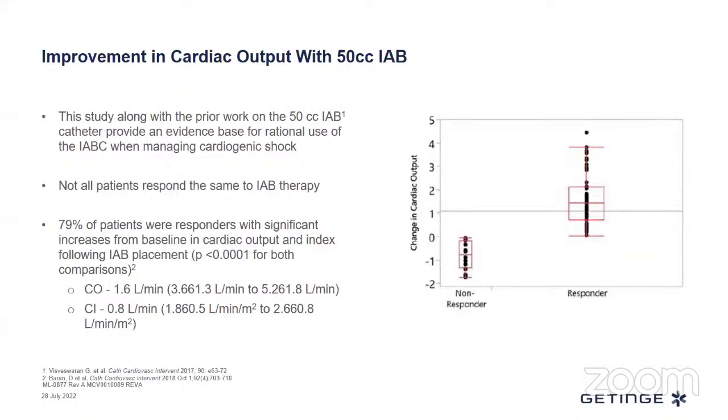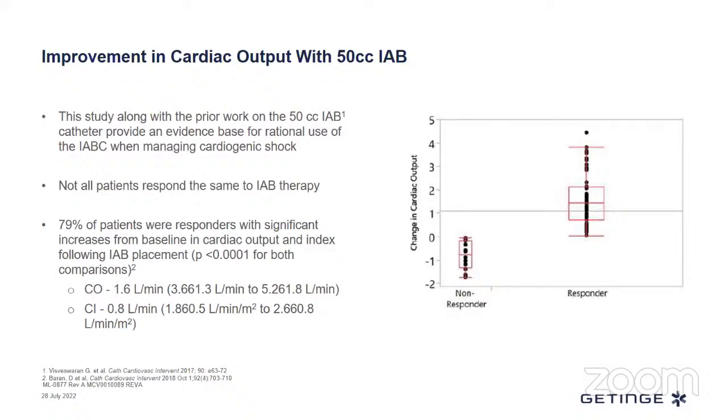And this demonstrated that most patients did respond positively to the therapy, and the average improvement in cardiac output is 1.6 liters, and cardiac index 0.8 liters per minute per square meter. And particularly the patients who had the most significance with those bigger balloons were those with the lower cardiac output and cardiac power index, along with elevated right atrial and pulmonary artery diastolic pressures.